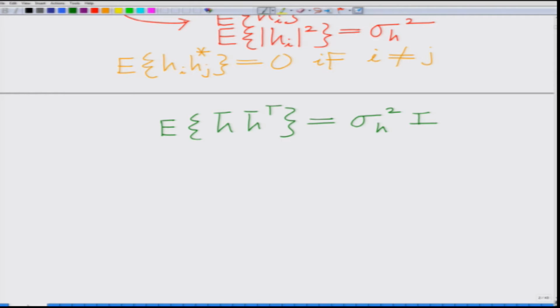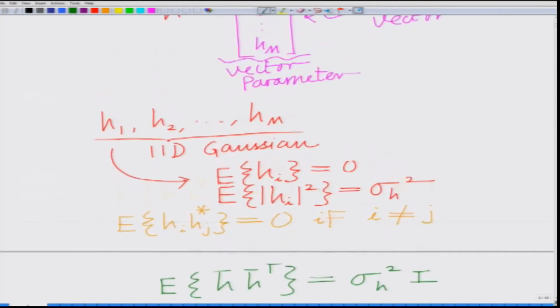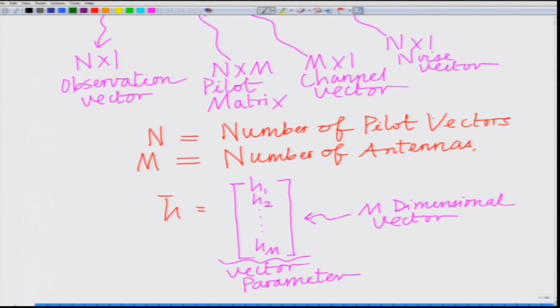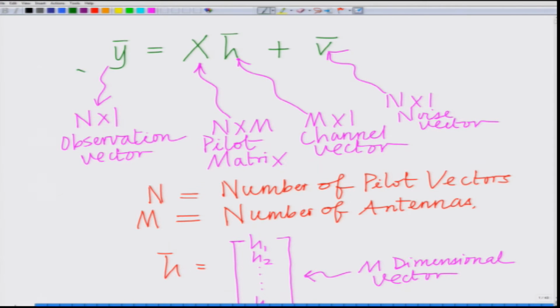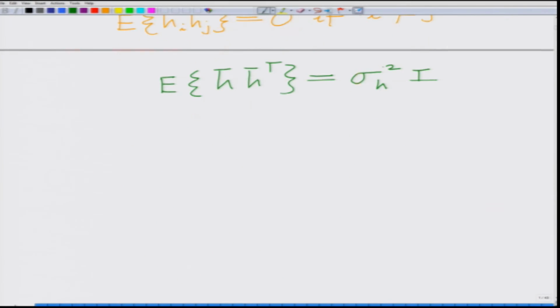And we also derived for this model, that is y bar equals X h bar plus v bar, the various quantities. We have derived the covariance matrix of the observation vector y, that is R_yy. This is the covariance of the observation.